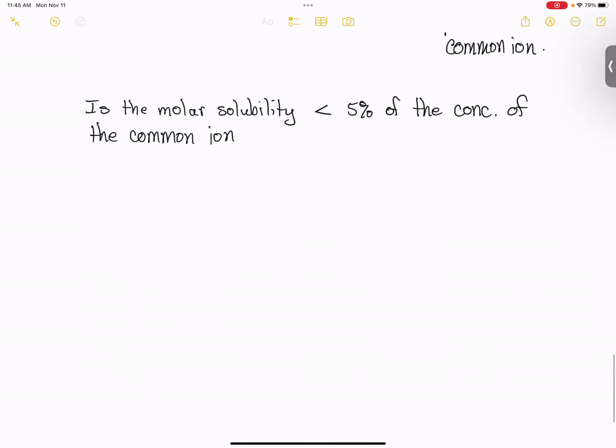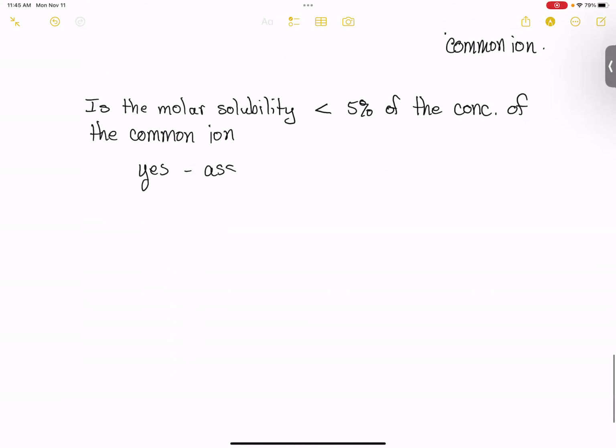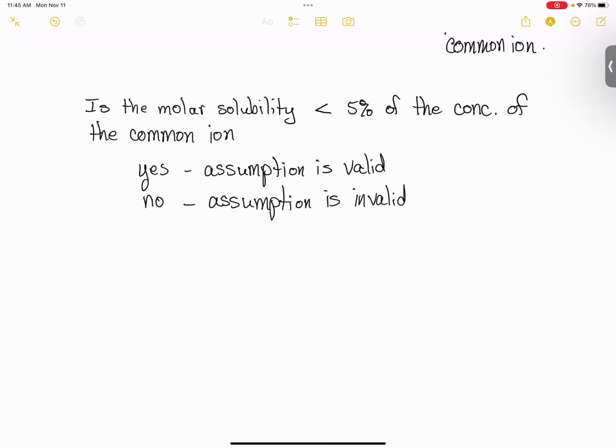If yes, then the assumption is valid. If no, then the assumption is invalid, and you have to do the math without using the assumption.